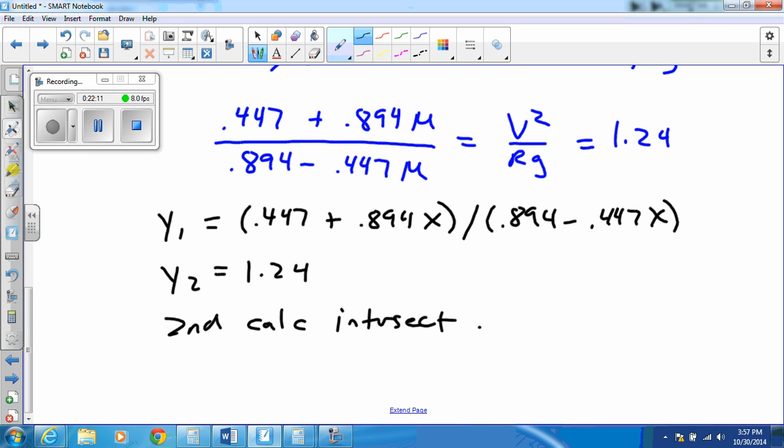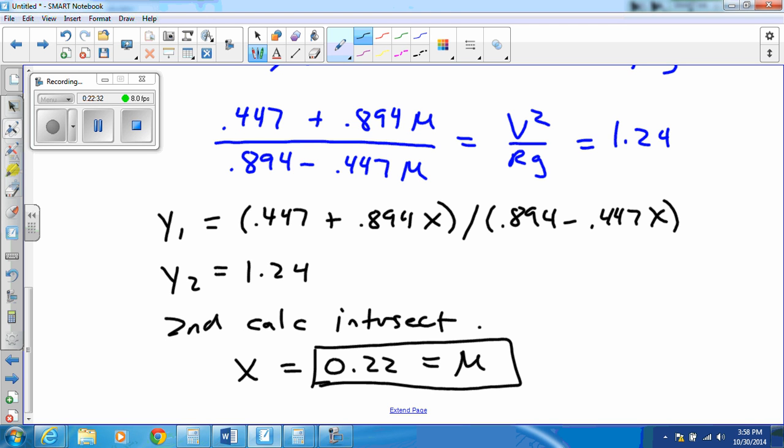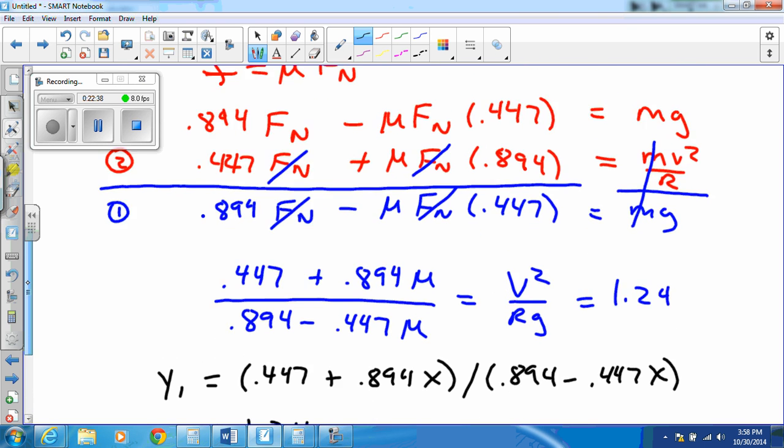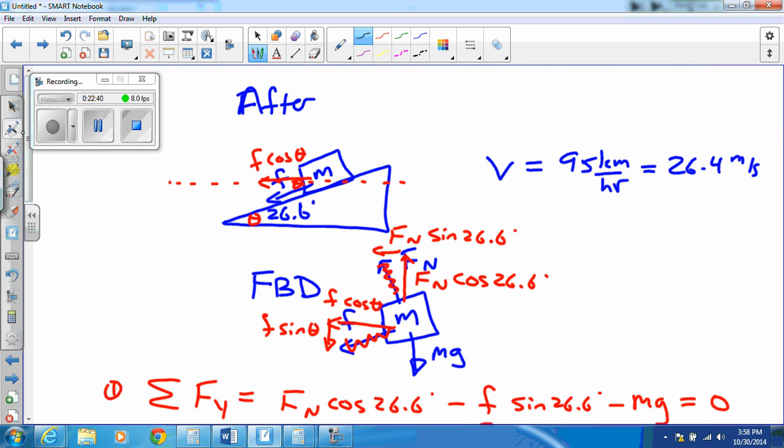And then we'll use second calc intersect to find a solution. At this time, pause the film and find a solution to the equation. The calculator will give this solution as an intersection, and of course x represented the coefficient of static friction. So on our page we will represent that as mu.